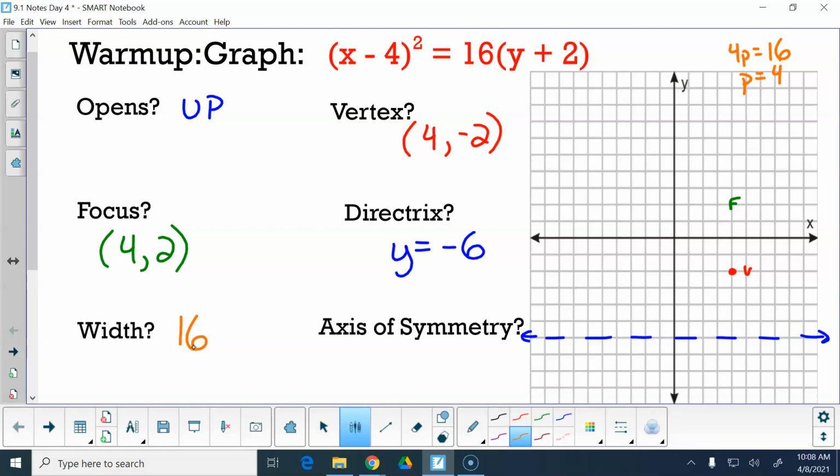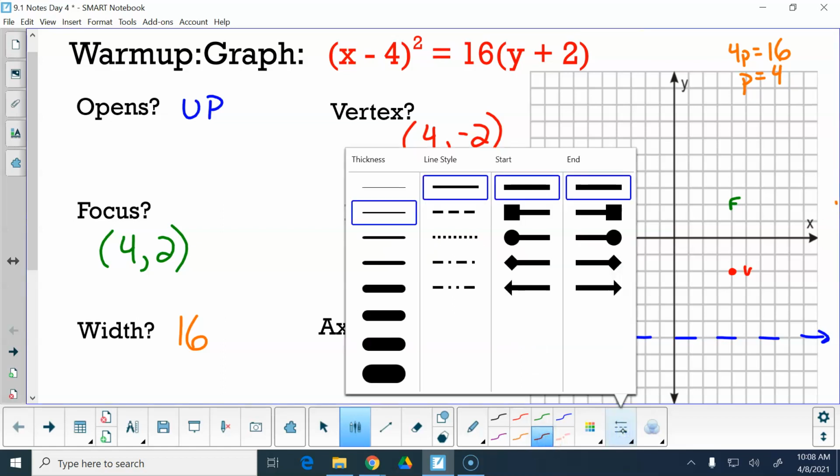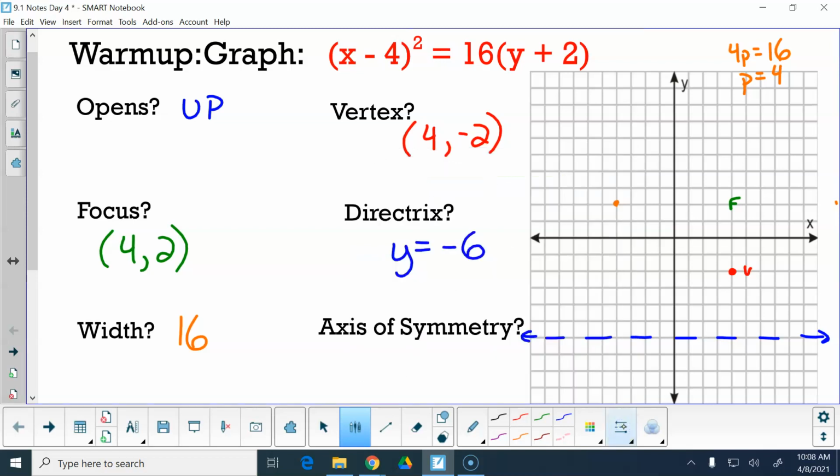Left 8: 2, 4, 6, and 8. And then right 8: 2, 4, 6, and 8, way over there. Yep. All right. That allows us to draw in our parabola. So it looks very similar to that.